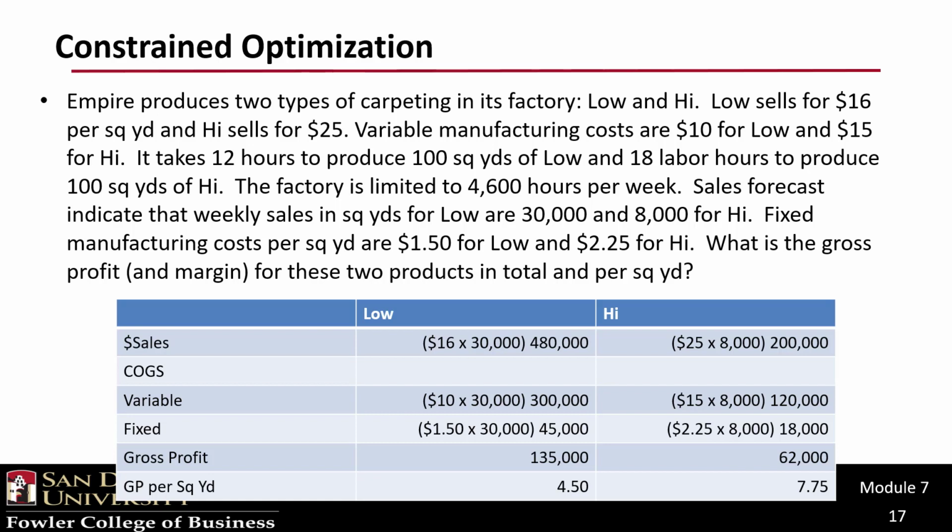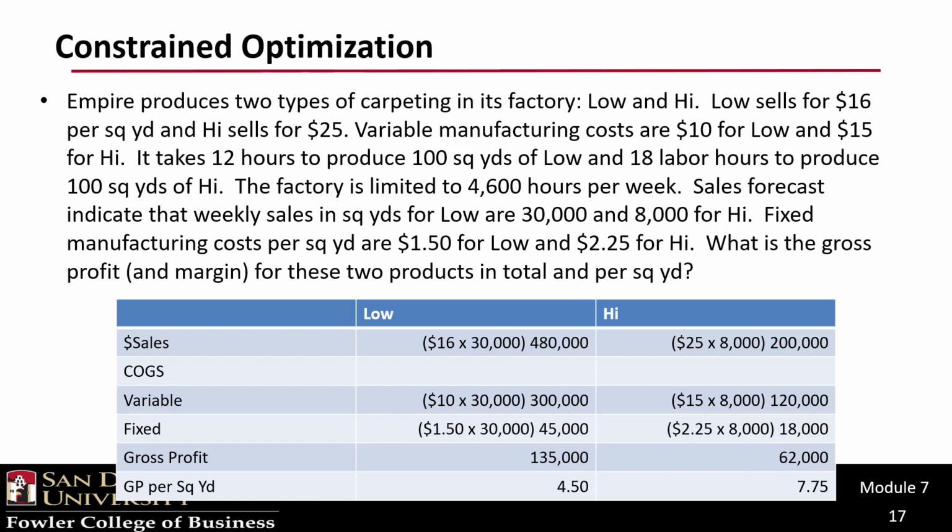The factory in this case is limited to only 4,600 hours per week. So think of it as either due to the size of the factory, the size of the labor force, whatever it might be. They can only work 4,600 hours per week. And presume that's 3 shifts running every day with the maximum number of personnel available.